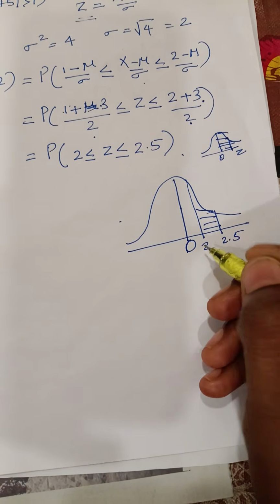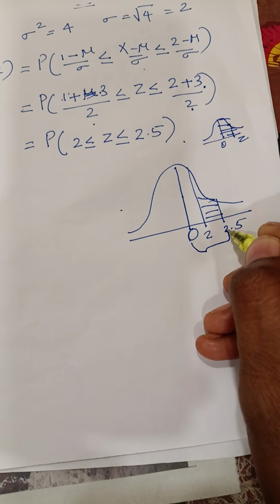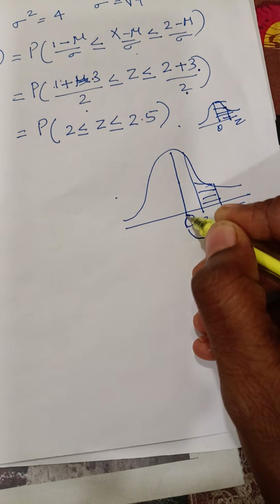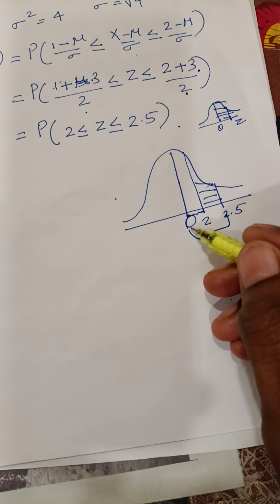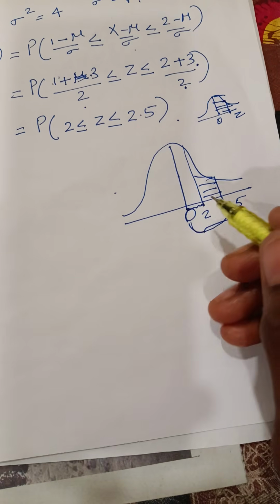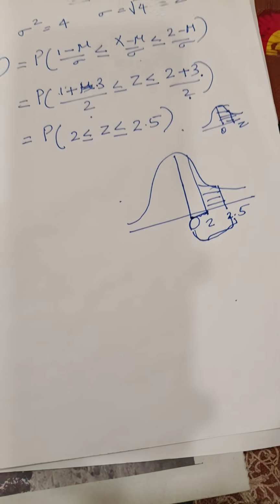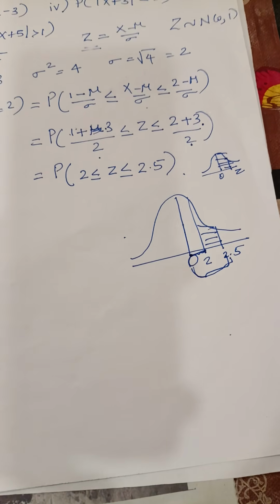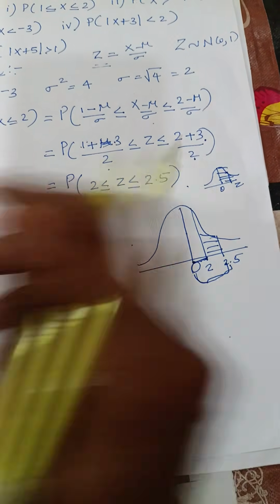So we can find the probability from 0 to 2.5, and also we can find the probability from 0 to 2. So from this probability, if we subtract the probability from 0 to 2, we will get the answer. Now we can refer to the standard normal table and find the value.